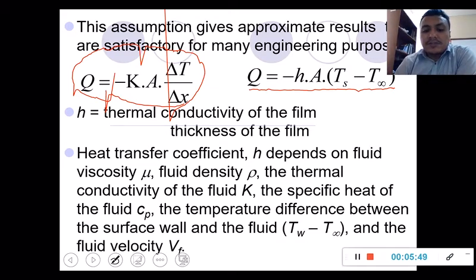So you can see that h is influenced by the fluid viscosity, density, thermal conductivity, and specific heat, where all these values can be referred to in a table, while the temperature difference is of course given in the question.